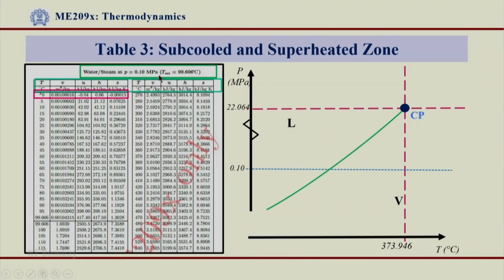You understand this 0.1 MPa is close to atmospheric pressure, 1 bar, and corresponding to that we have Tsat equal to 99.606 degree centigrade, which is very close to the boiling point of water, 100 degrees centigrade. That would come at 0.1016 MPa, which is the correct atmospheric pressure. Corresponding to that would have come Tsat equal to 100 degrees centigrade.